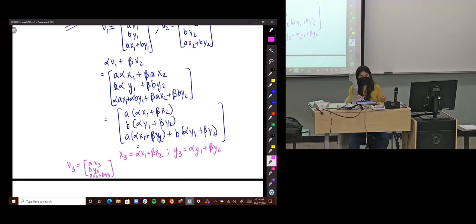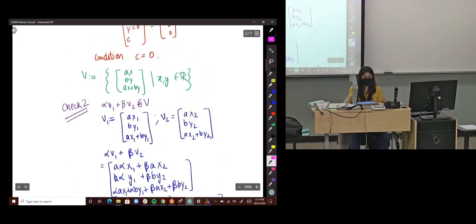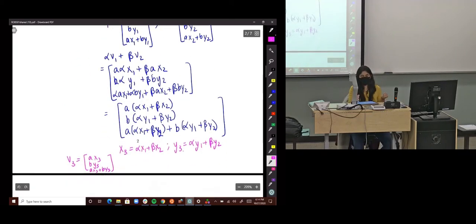How do I know if x3 and y3 are still real? We know that the set of vectors defined by real numbers is a subspace in itself. So any linear combination of real numbers is always a real number, which we can also think about intuitively: if you multiply a real number by another real number and then add a bunch of them together, they will always still be a real number.